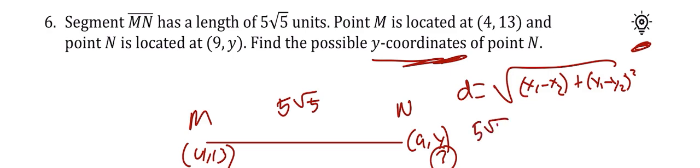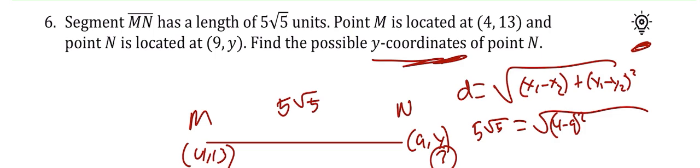So we can plug in everything besides that second y coordinate, y2. We can say 5 root 5 equals the square root of x1, which is 4, and x2 being 9, so (4 minus 9) squared, plus y1, which we know is 13, minus y, that variable we don't know, squared.